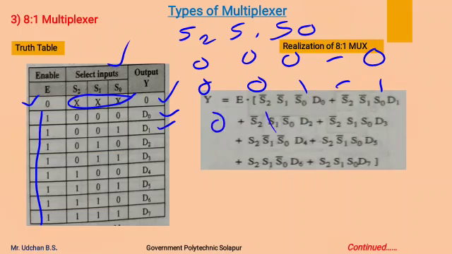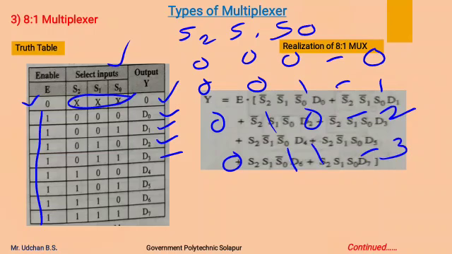Next is 0 1 0, that is its equivalent decimal number is 2, therefore D2 line gets selected and appears over output line. For 0 1 1, its decimal equivalent is 3, therefore D3 line gets selected and appears over output line.